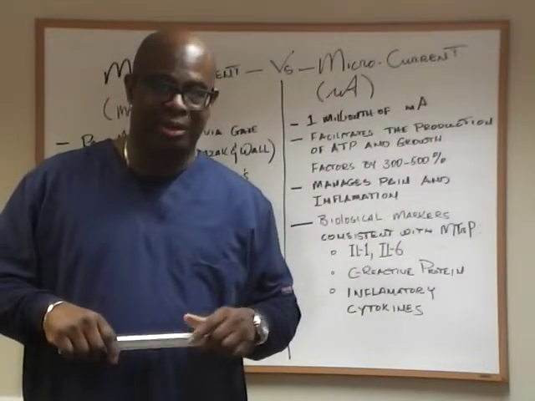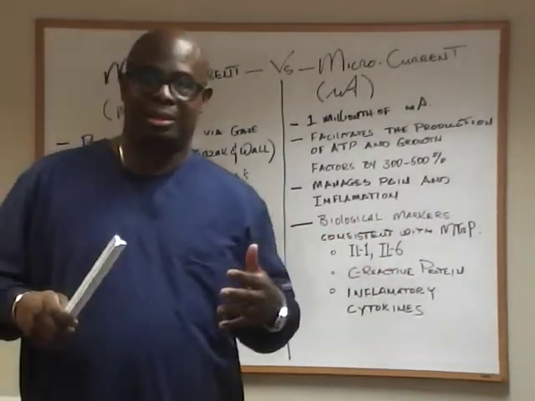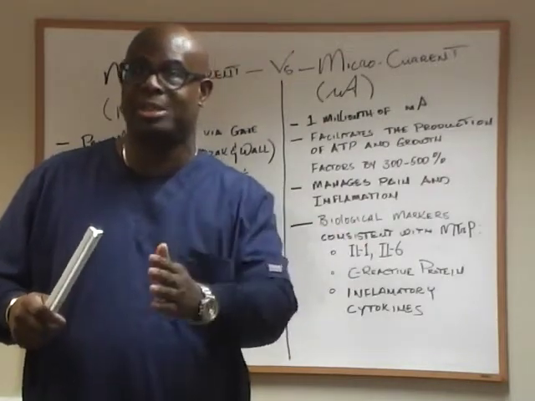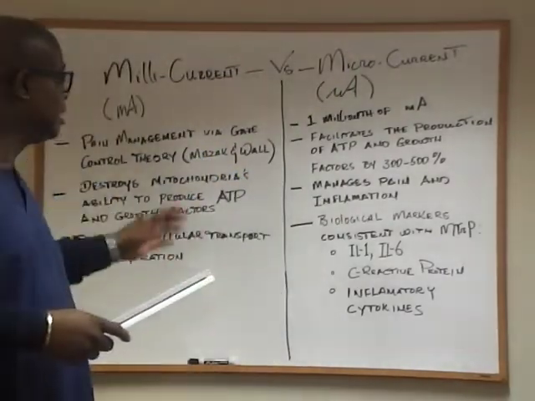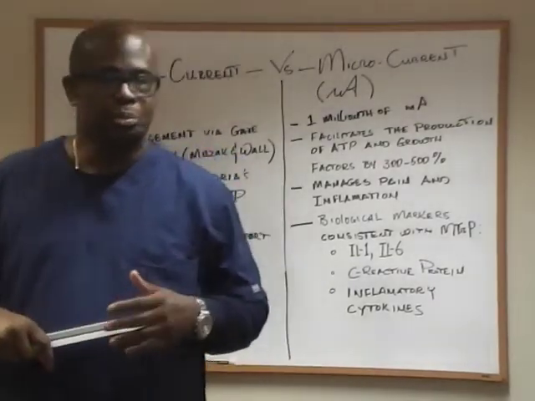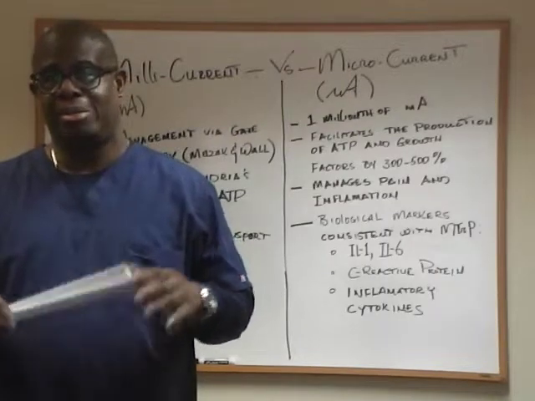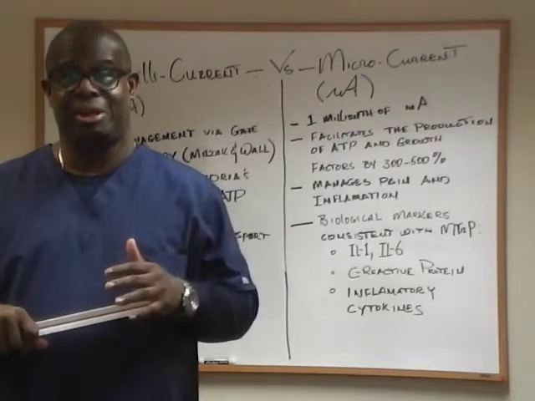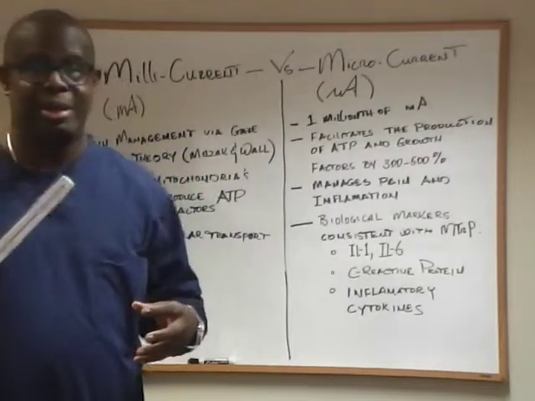So microcurrent, mu A, produces ATP, growth factors, protein synthesis by 300 to 500%. And it's important to keep that in mind. Both of these types of current will manage pain according to the gate control theory by Melzack and Wall when they came up with this gate control theory in 1965, this whole concept of gating and how pain is transmitted to the brain, okay?